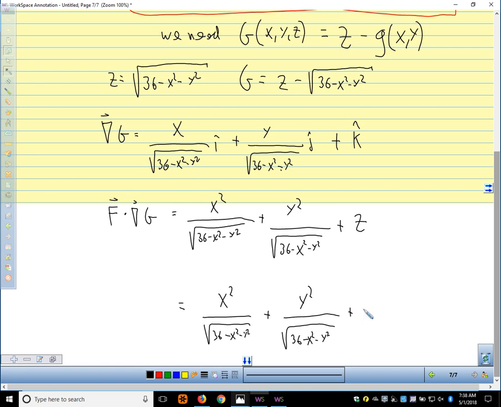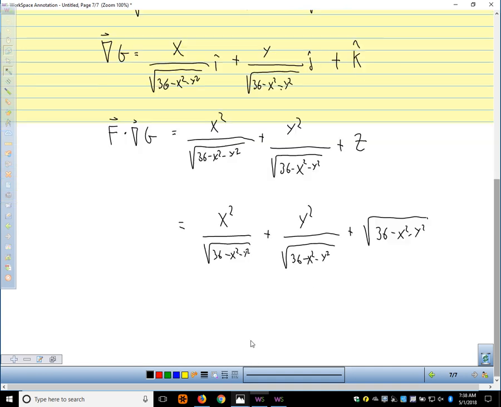Plus the square root of 36 minus x squared minus y squared. And what does this simplify to? So we get our common denominator, so we multiply everything by 36 minus x squared minus y squared.